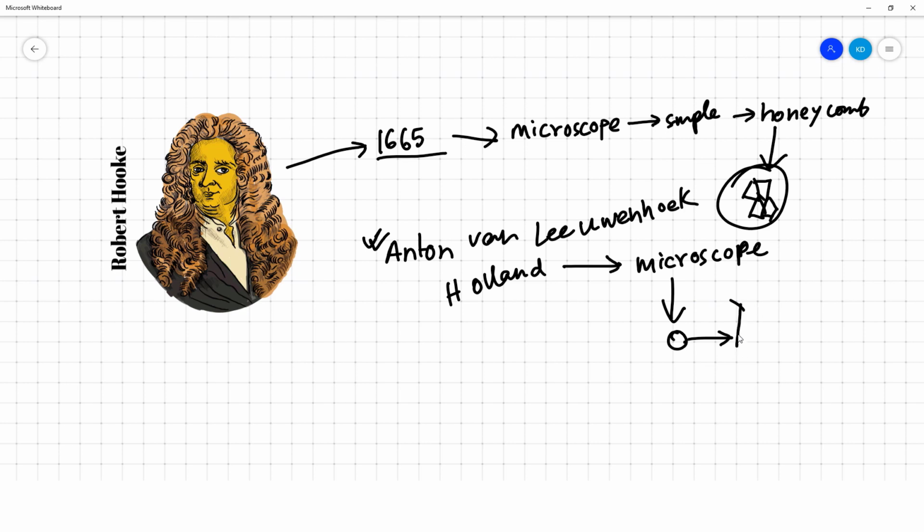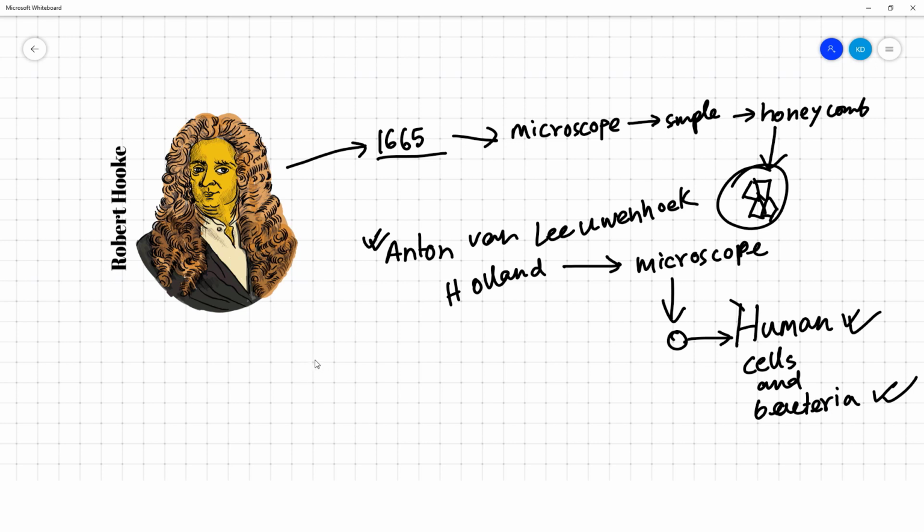This was the first discovery from this period. He saw the human cell and the bacteria cell.